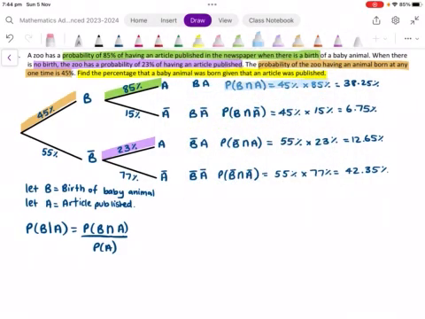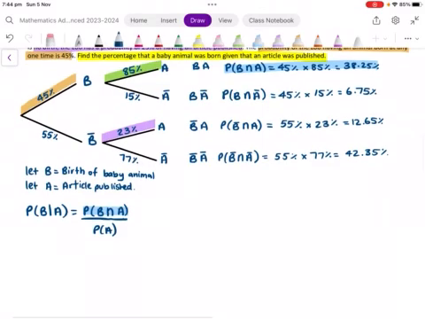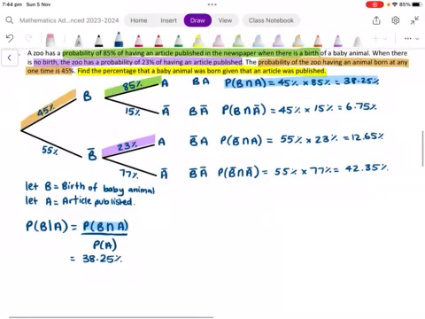The probability of baby animal and an article is our 38.25%. But we do not know the probability of an article. So a probability of an article is when an article is written here and an article is also written here.